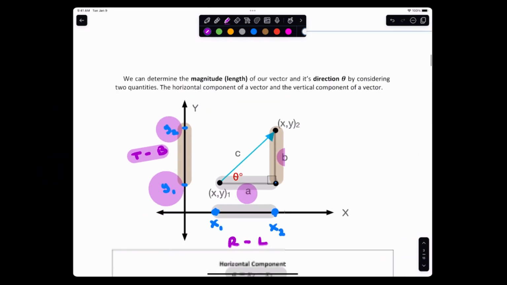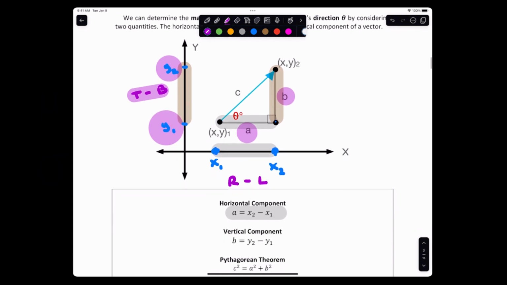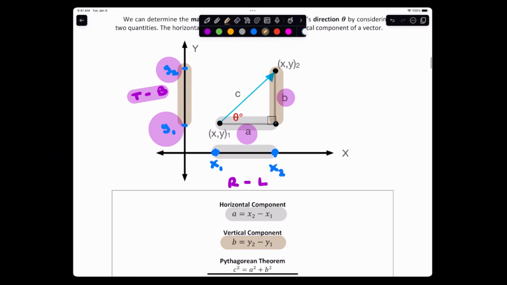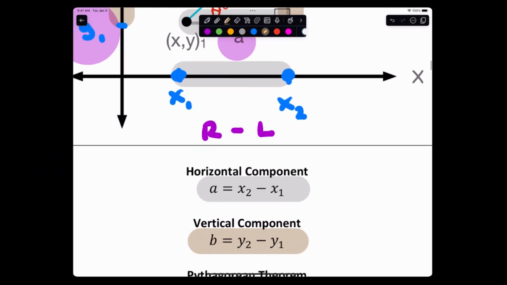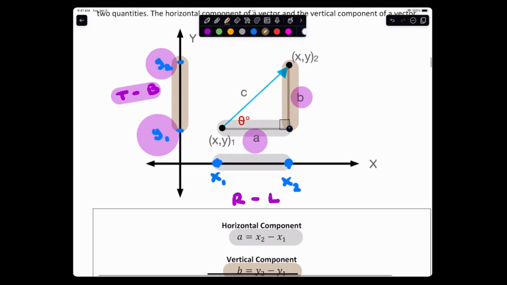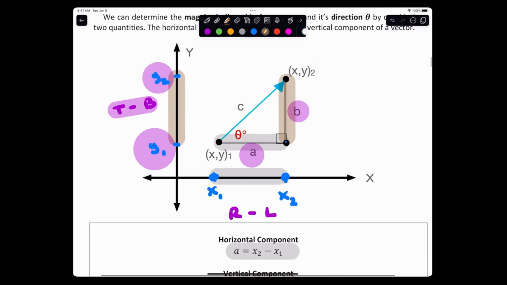Top minus bottom. There it is. So you're going to have the horizontal component and the vertical component. That's how you measure these values for your vector.